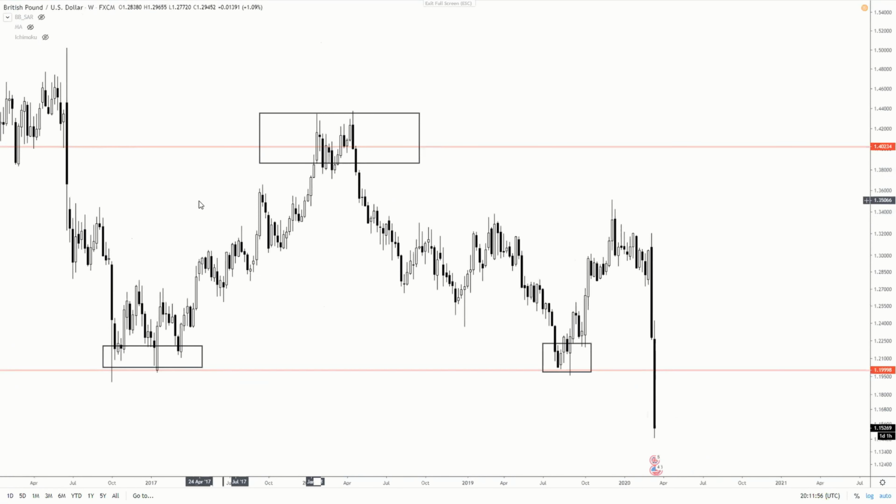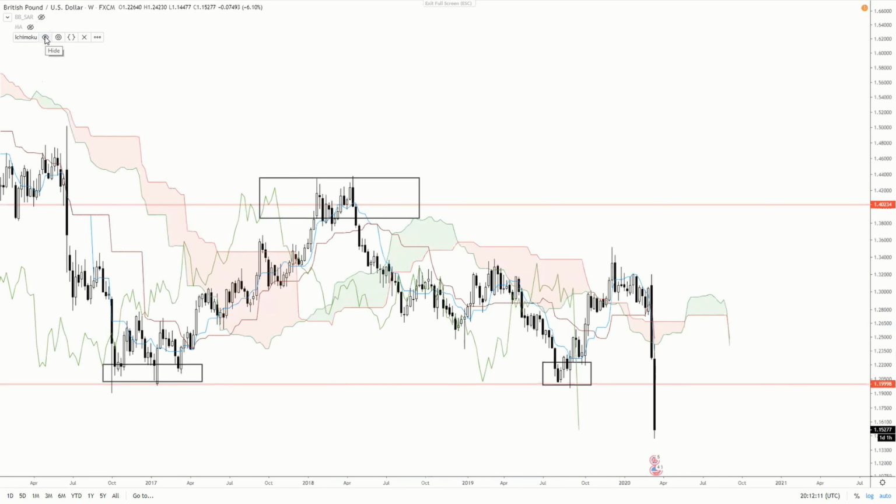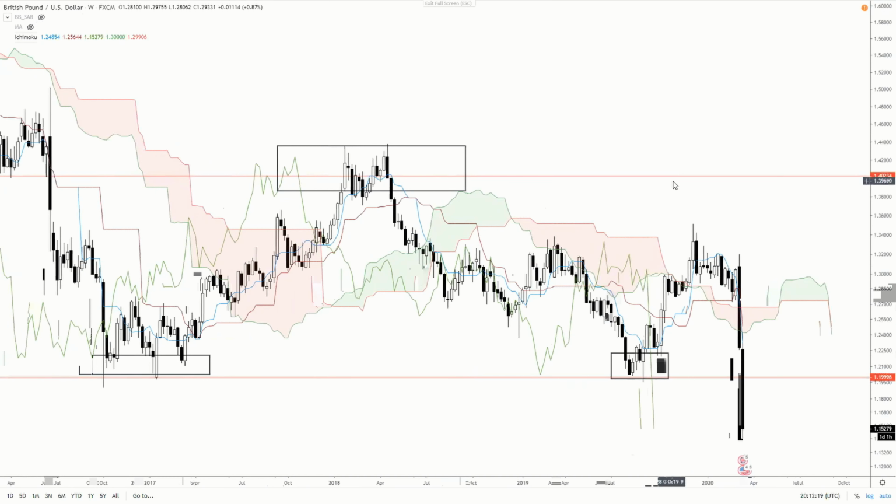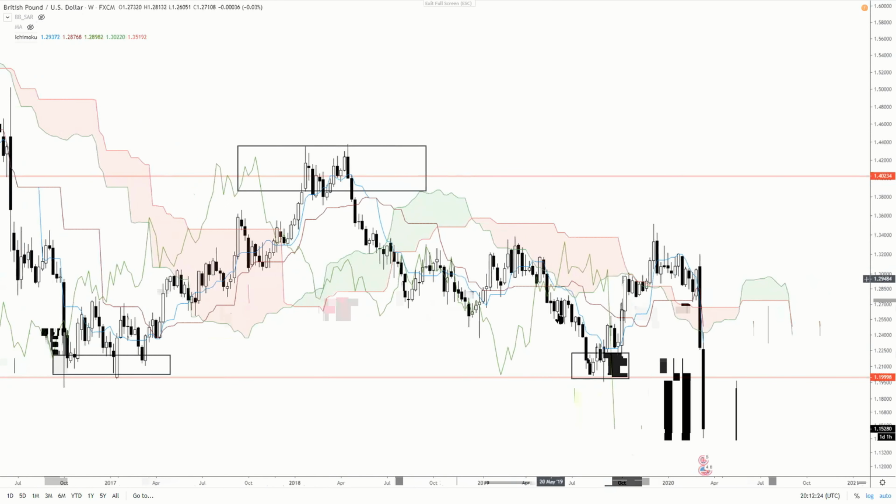Our decisions are governed by what we see on the chart rather than what indicators show us. For instance, if I apply just an indicator like Ichimoku, you can see how crazy this is. You can see how these indicators will make you confused, and sometimes you will not make a clear decision.